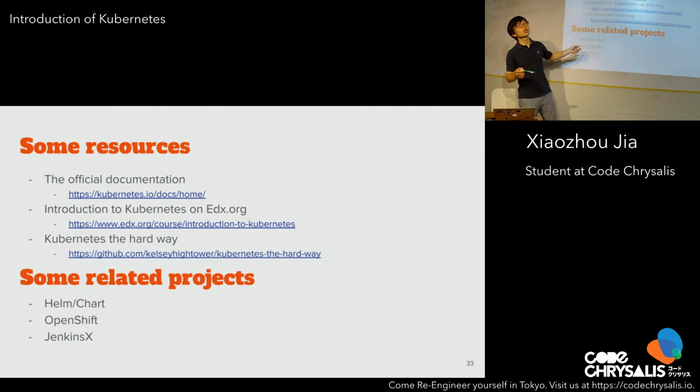OpenShift is Red Hat's managed version of Kubernetes. So Red Hat provides some extra functionalities to Kubernetes, but basically it's just Kubernetes. Jenkins X gives us the ability to run Jenkins on Kubernetes.